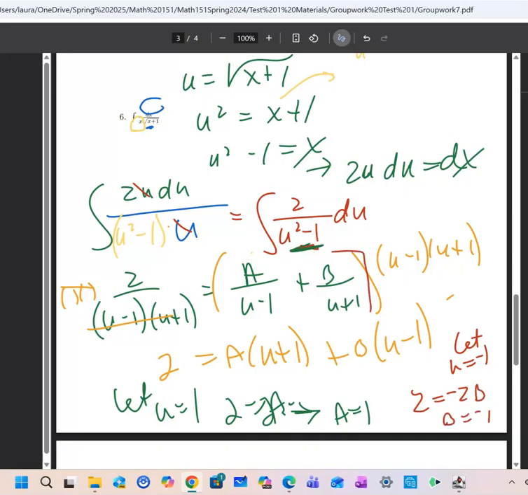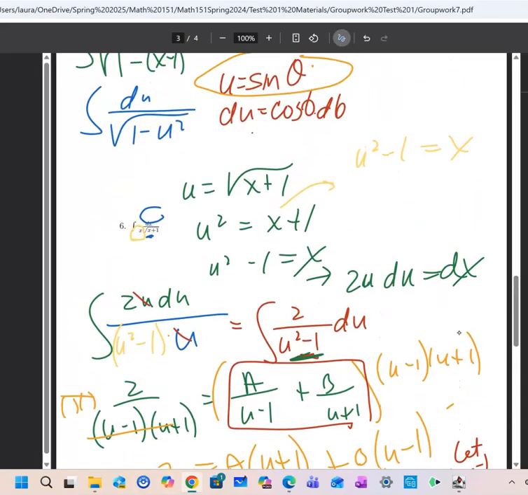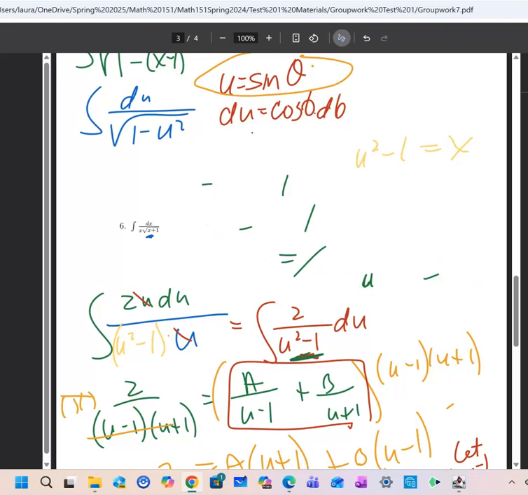Okay, so I'm taking this and bringing it up here. And I need to keep what the u is equal to. Let me write that down right now so I don't forget. The u is equal to root x plus 1.